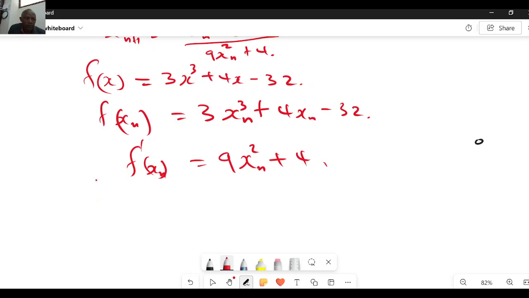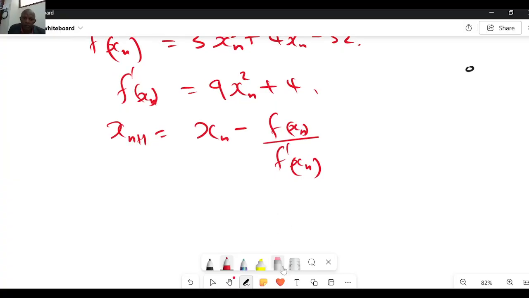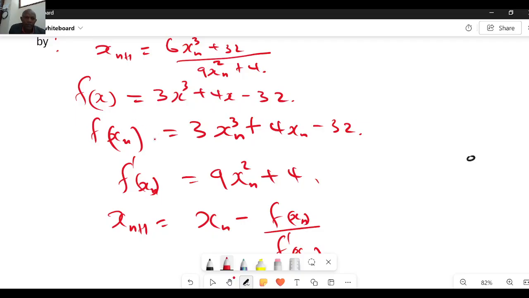We know that the Newton-Raphson formula is given by xn+1 is the same as xn minus f(xn) over f'(xn). So this is the same as xn minus, what is f(xn)?